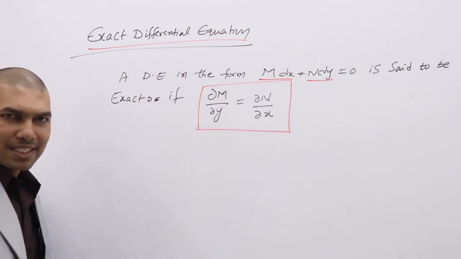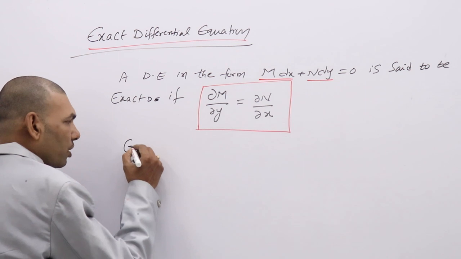If the DE is exact, what is its general solution?